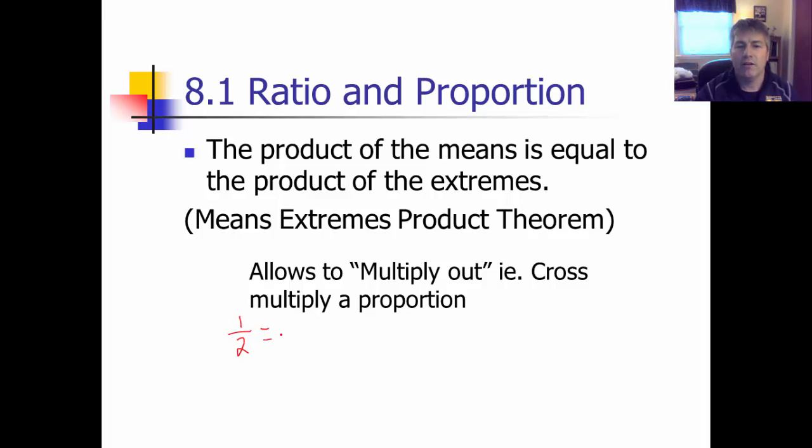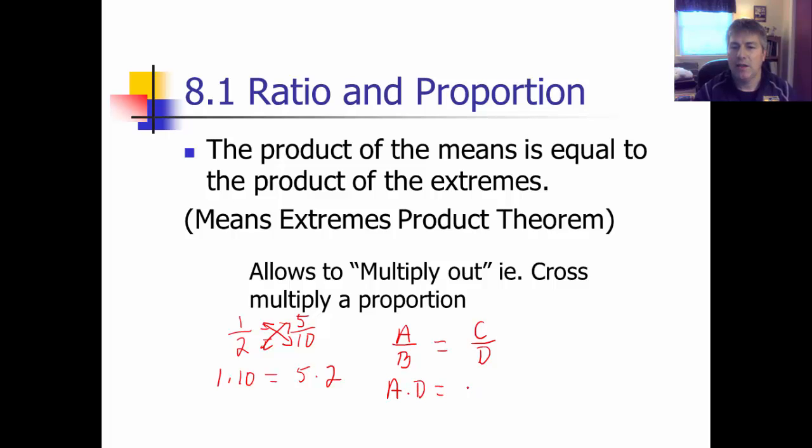So if we have 1 is to 2 as 5 is to 10, then we know that 1 times 10 will equal 5 times 2. We multiplied our means and extremes. So if we had A is to B as C is to D, we know that A times D equals B times C. We can multiply out our proportion using the means and extremes product theorem.